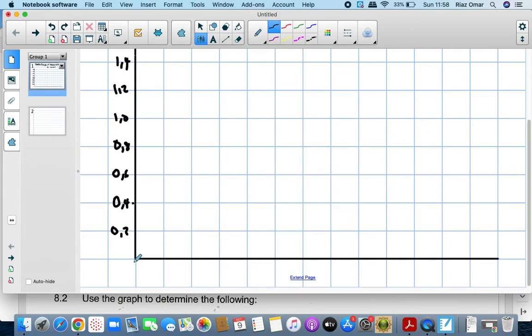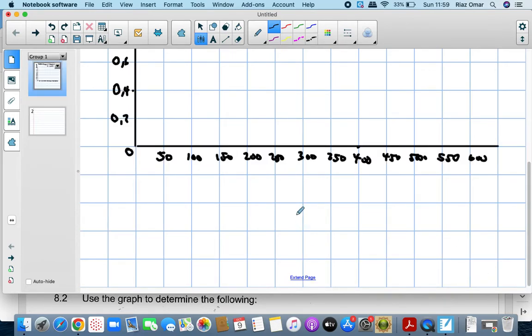This is 0, 50, 100, 150, 200, 250, 300, 350, 400, 450, 500, 550, 600. Okay, that's what we've got, and what we should do is label the axes.